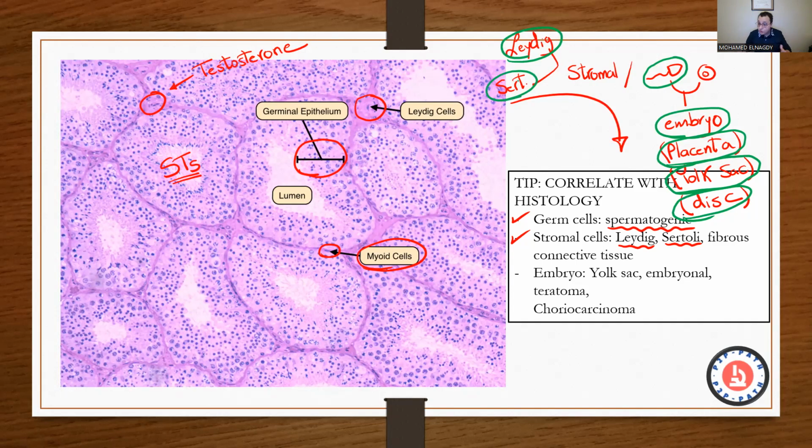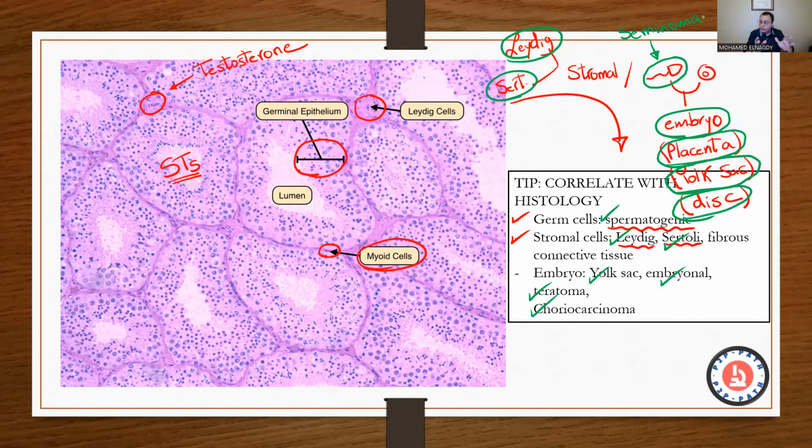This makes you remember most of the entities: spermatocytic tumor, Leydig cell tumor, Sertoli cell tumor, yolk sac tumor, embryonal carcinoma, teratoma, choriocarcinoma, and of course, the sperm not only makes you remember spermatocytic tumor, but also the famous entity, the seminoma, which comes from the semen.